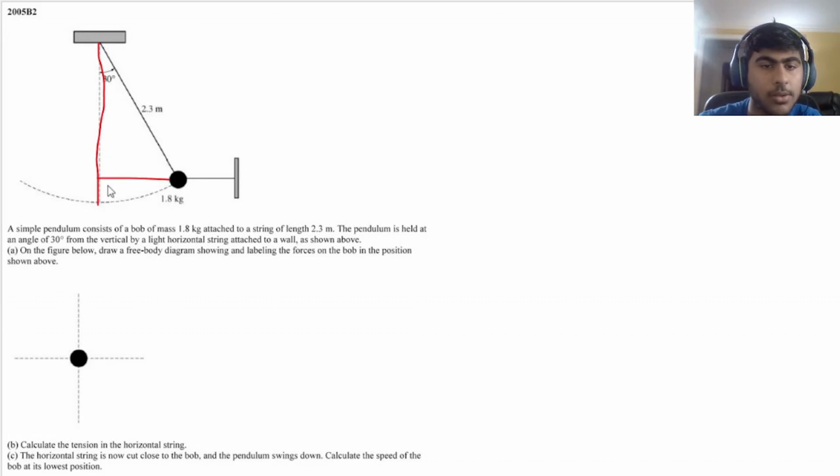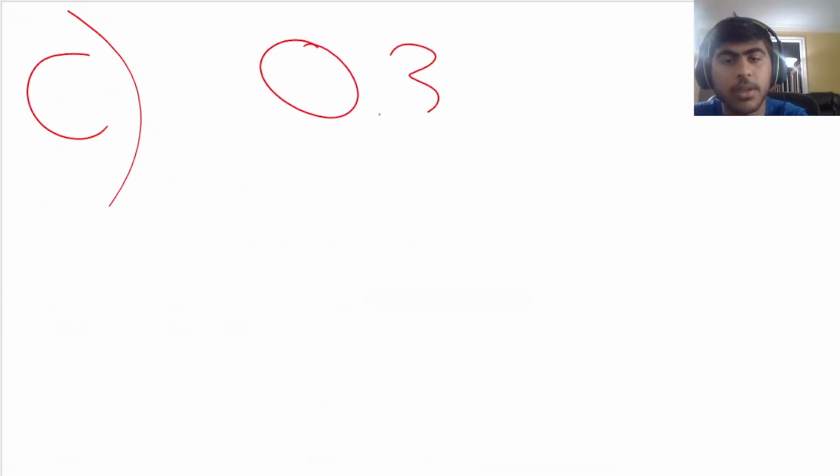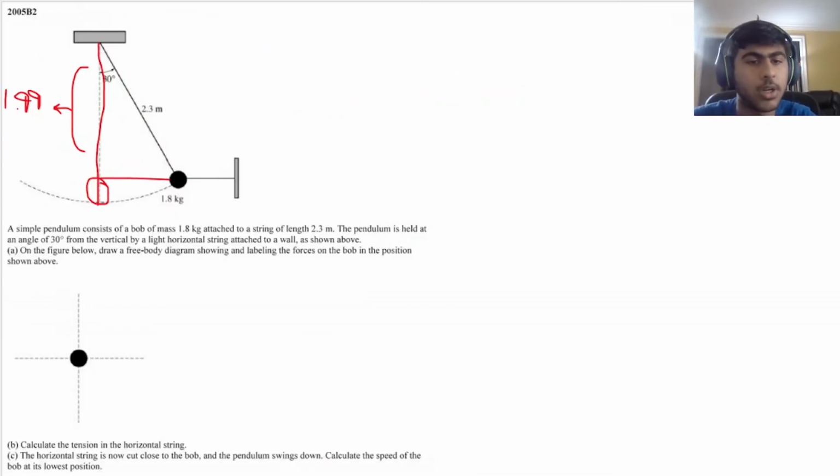Using this 30 degrees, we know that this part is going to be cosine 30 times 2.3, which is 1.99. So 2.3 minus that 1.99 is going to give us 0.31. So that height is 0.31 meters.